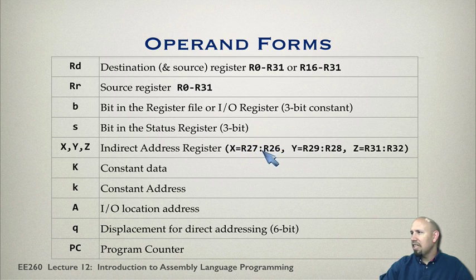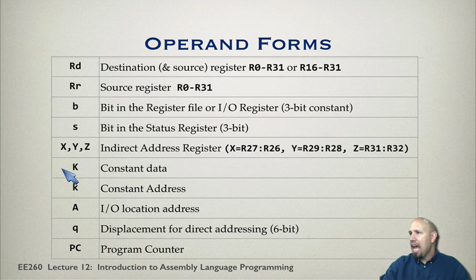So it makes sense, but it just looks strange when you see it instead of 26 and 27. And then that's X, that's Y, and that's Z. So from registers 26 to 31, we have these 16-bit registers defined. So basically 2 8-bit registers.